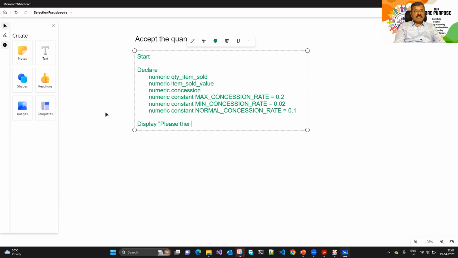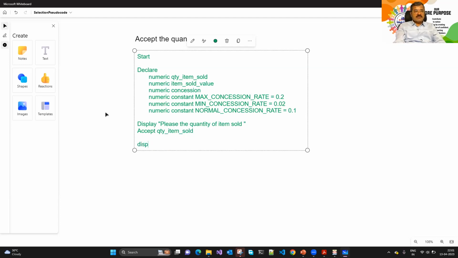We'll give the message, please enter the quantity of items sold. We're asking for the quantity of items sold, not the rupees, and for that we have QTY item sold.